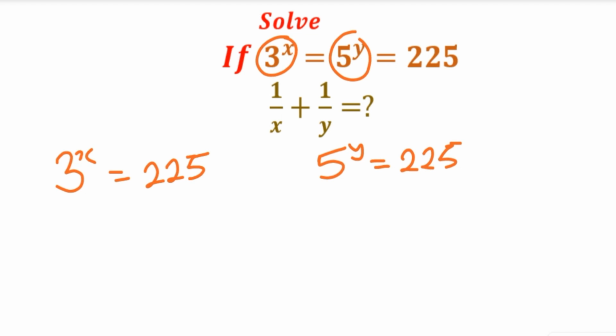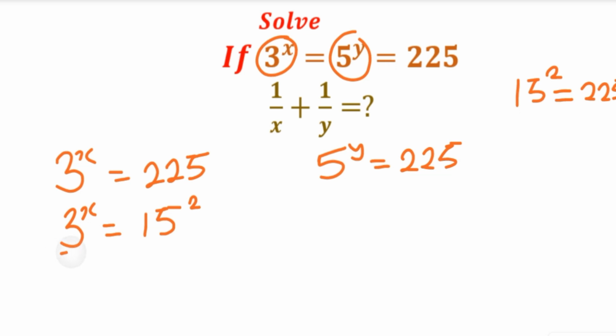So from this expression, we can find out that 15 to the power of 2 will be equal to 225. So if we simplify, we're going to have 3 to the power of x equal to 15 to the power of 2.